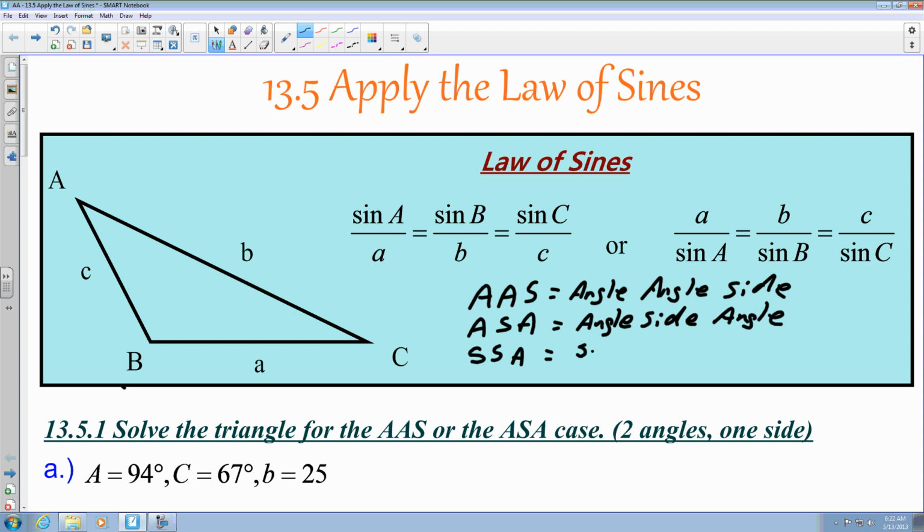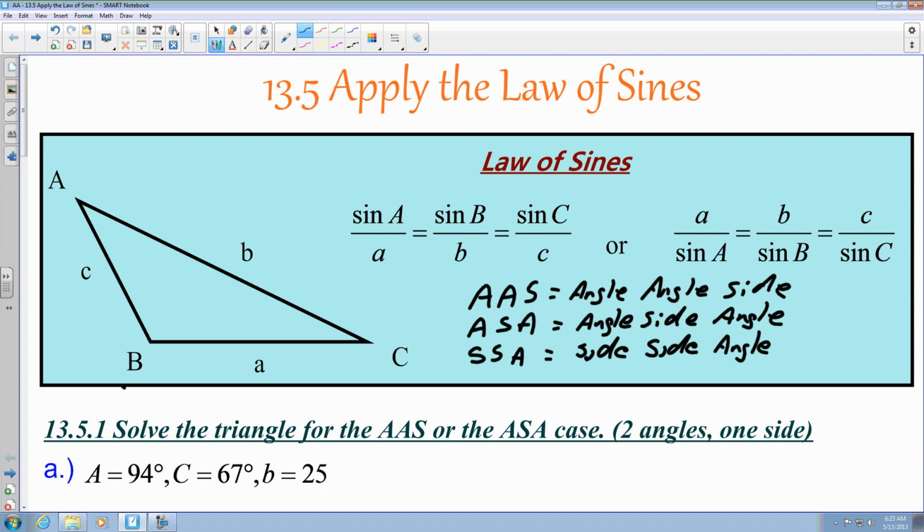And the last one is side side angle. And when you're looking at those, you can make the conclusion on whether you're going to find one triangle, two triangles, or no triangles from the given angles or distances that you're provided for each problem.